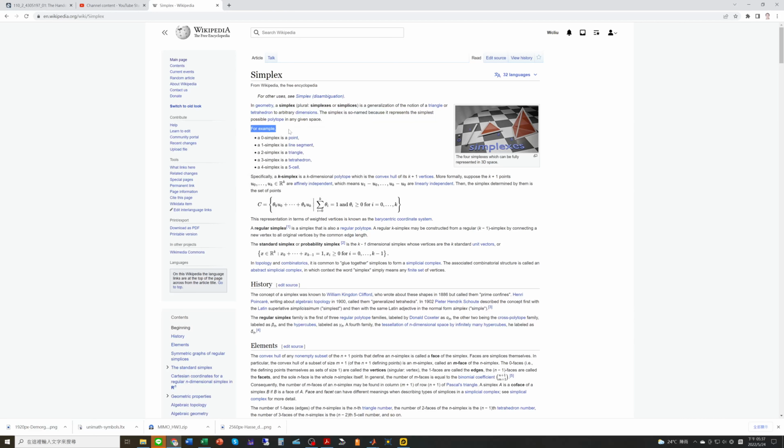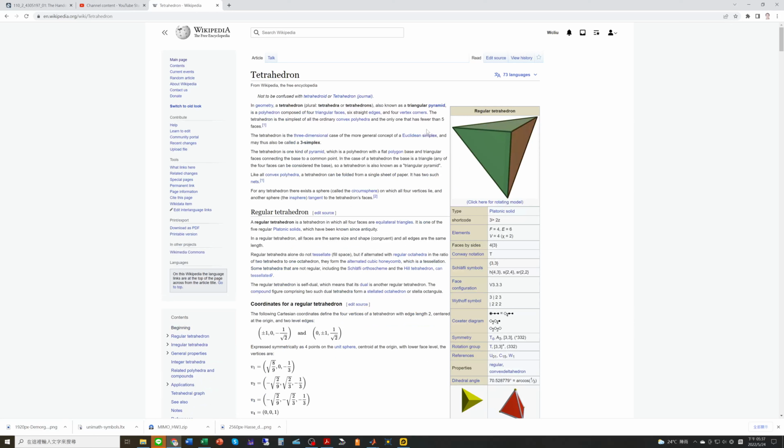For example, a 0 simplex is a point. A 1 simplex is a line segment. A 2 simplex is a triangle. A 3 simplex is a tetrahedron. What is this? Let us see. It is this object.